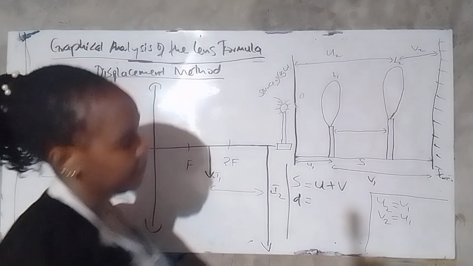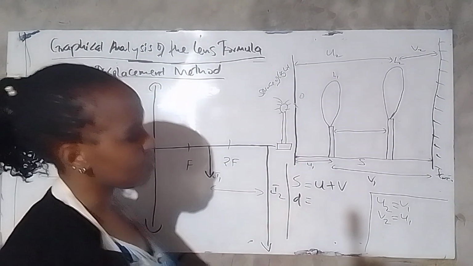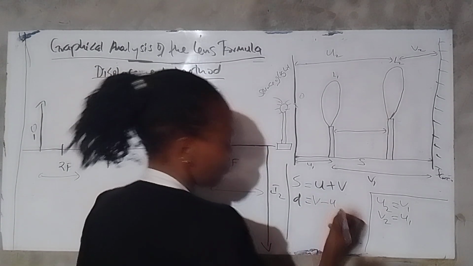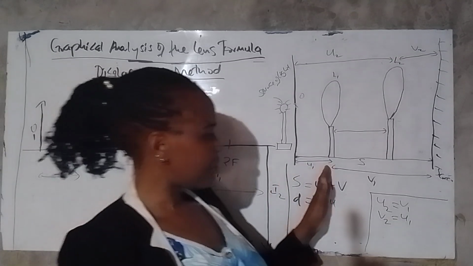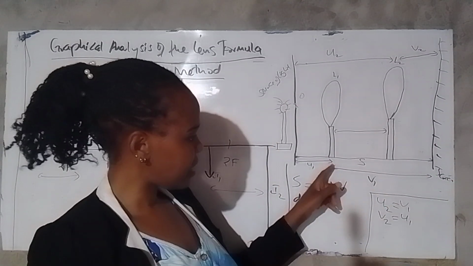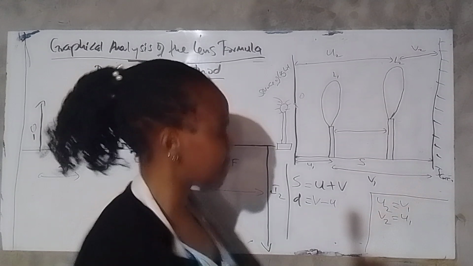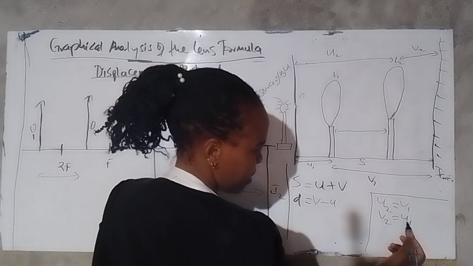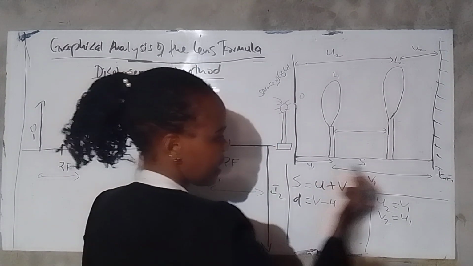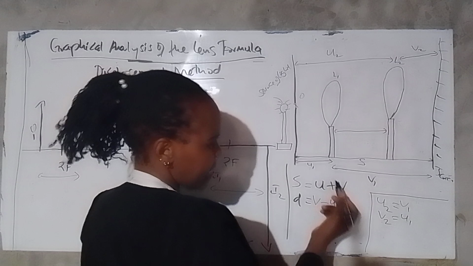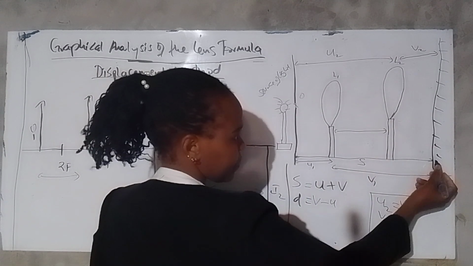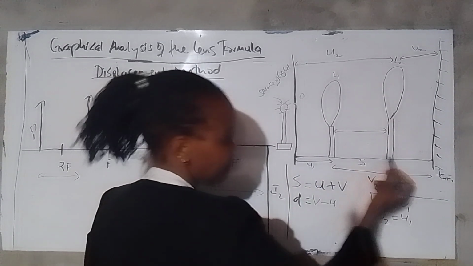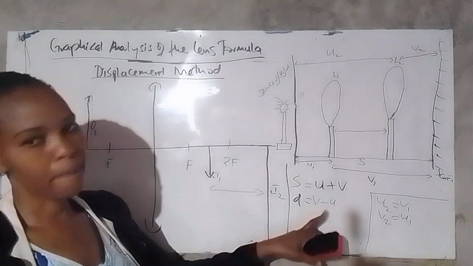If that is the case, then D is always V minus U. Remember we have said U1 equals V2. So V1 minus V2, which is equal to U1, so V1 minus U1 is D. So D is simply V minus U.